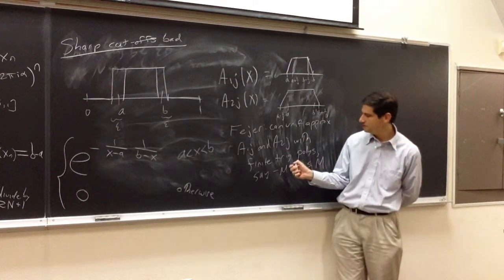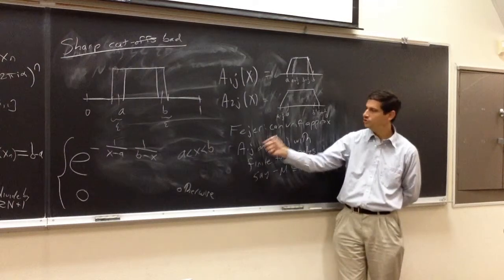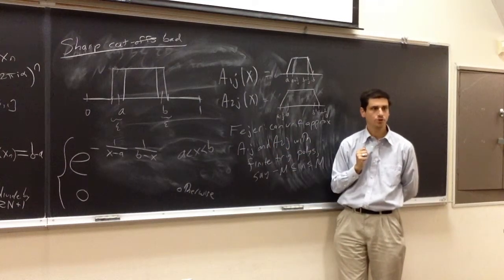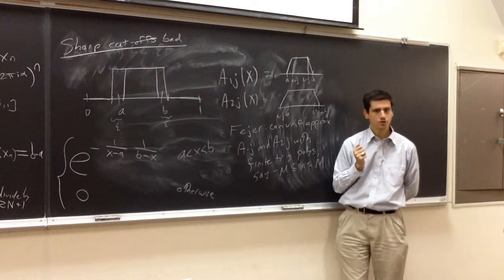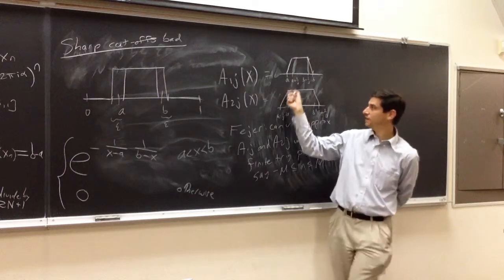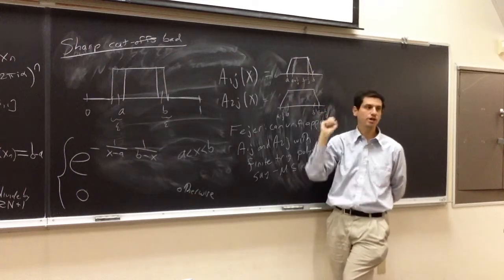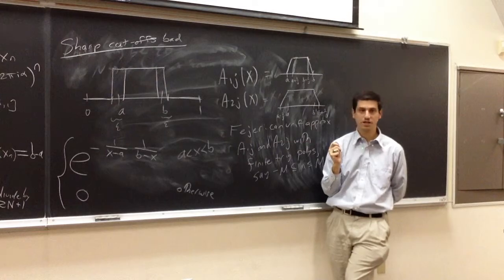Do I have to have the same m for a1j and a2j? Or could they be different m's? What do you think? So I know Fejér tells me I've got a finite trig polynomial that approximates a1j. I have a finite trig polynomial that approximates a2j.